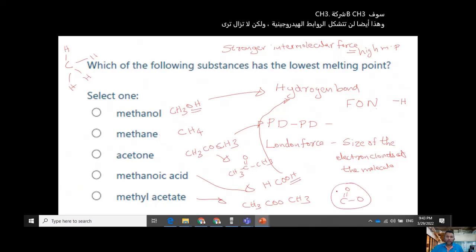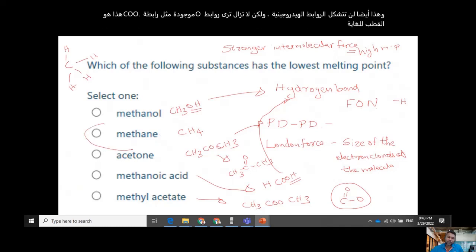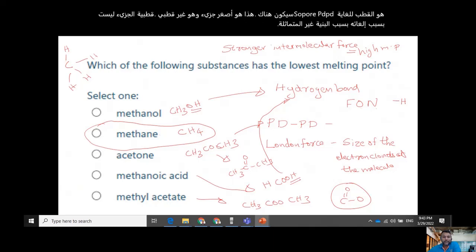This is highly polar, so permanent dipole interaction will be there. Methane is the smallest molecule and is non-polar, because polarity cancels out due to its symmetric structure. So methane is the answer here.